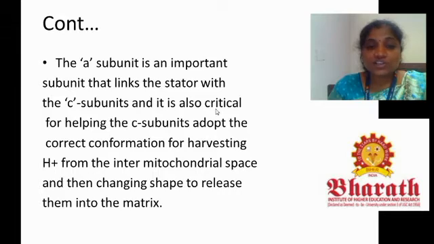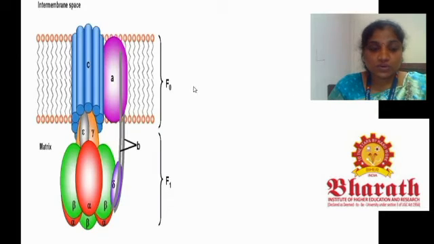And it is also critical for helping the C subunits to adopt the correct conformation for harvesting H+ ions from the intermitochondrial space and then changing the shape to release them into the matrix. So this A is the one which links this B subunit and the C subunit.